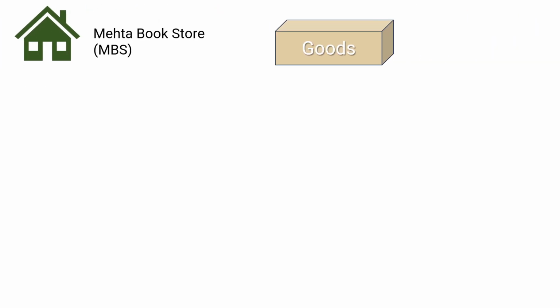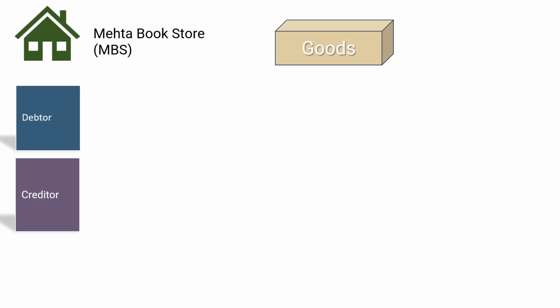We'll move on to the next one, which is debtor and creditor. These are very important. Debtor. Suppose I went to Mehta bookstore and purchased some goods, pen, pencil, etc., and I had 5,000 rupees to pay, and I said, I don't have money right now, I'll pay it to you tomorrow.